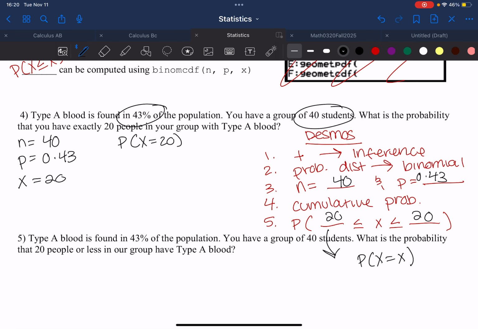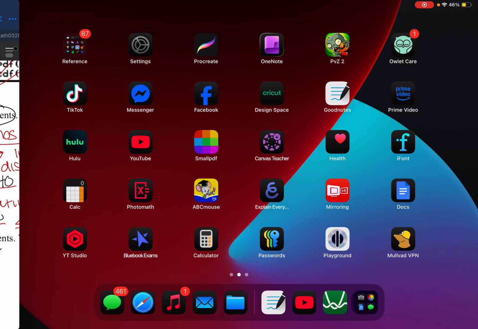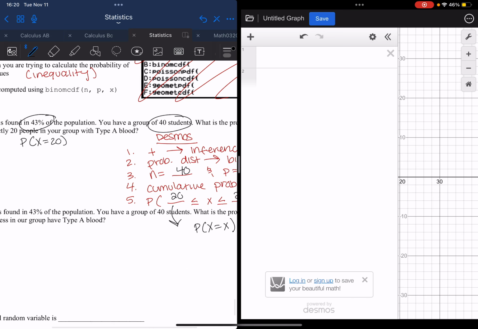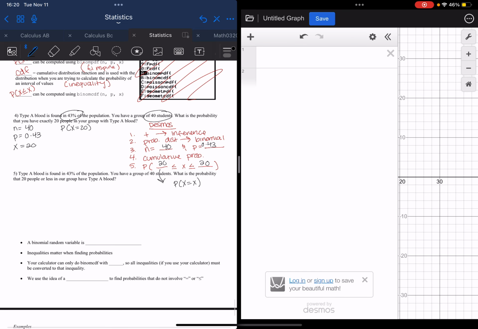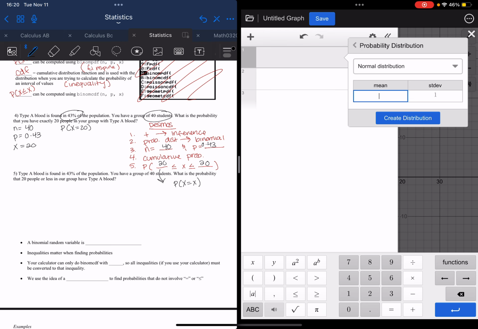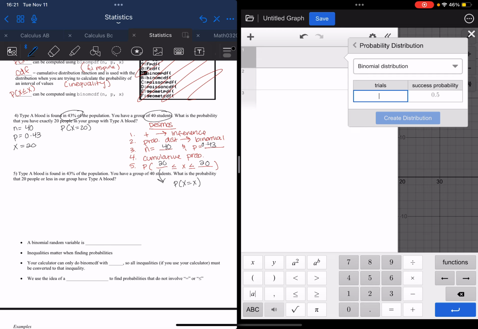Okay, so plugging that in, I'm going to go ahead and open up Desmos. So I'm going to go ahead and do the same steps. So I'm going to hit plus, inference, probability distribution, go down to binomial distribution.